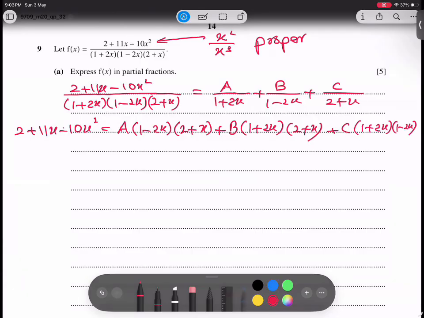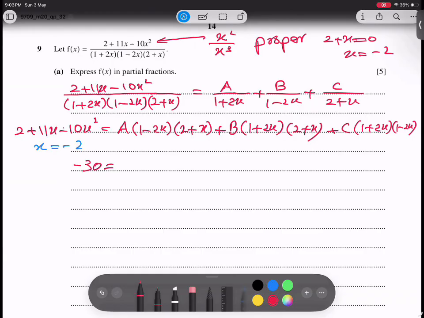So first of all, I will plug in, this is 0, this is 0. When I plug in 2 plus x equal to 0, I get x equal to negative 2. I replace every x by negative 2. On the left side, 2, negative 22, and negative 40, I get negative 30.